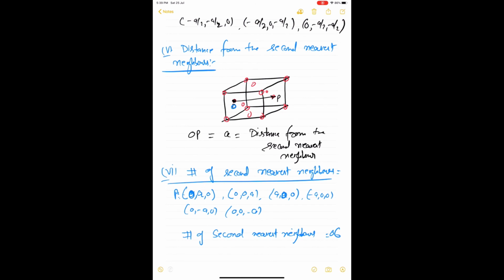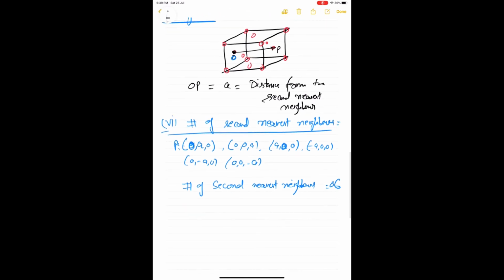Okay, so let's go to the third nearest neighbors. If I want to find out the distance to the third nearest neighbor, we go back to our reference atom O here.